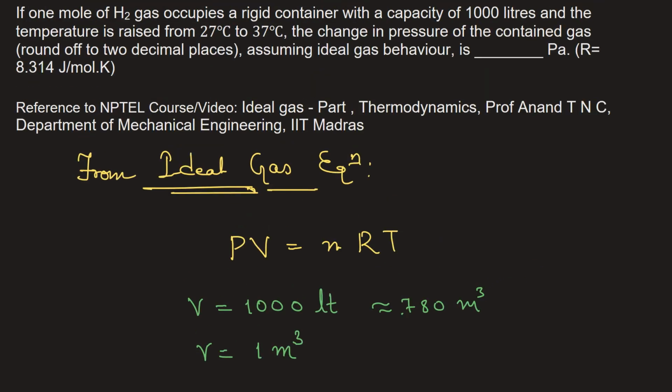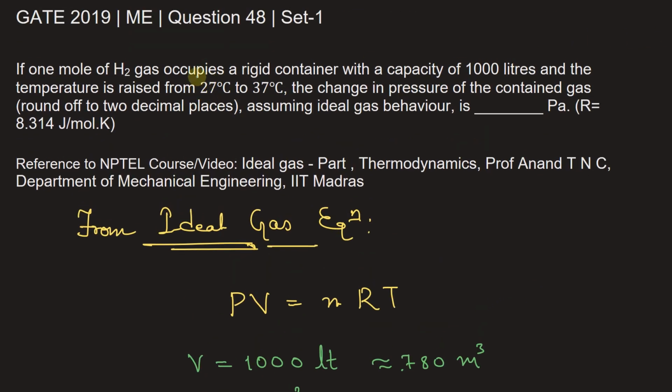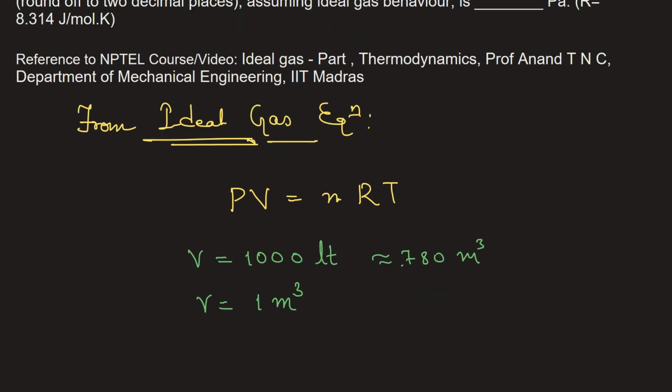Now it's also given in the problem that the temperature is raised from 27 degrees Celsius to 37 degrees Celsius. So the initial temperature, let's write T1 is 27 degrees Celsius, and in the SI unit we will convert it into Kelvin. So 27 plus 273 will be equal to 300 Kelvin.